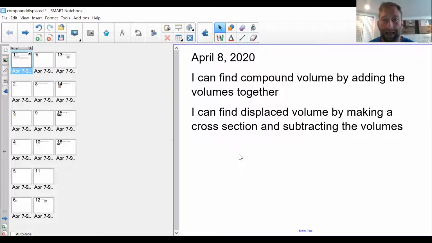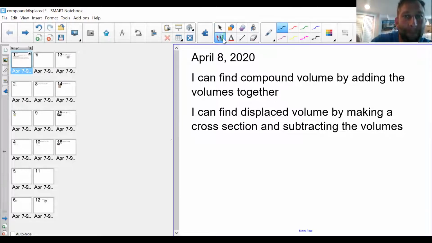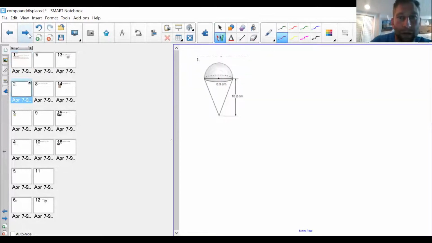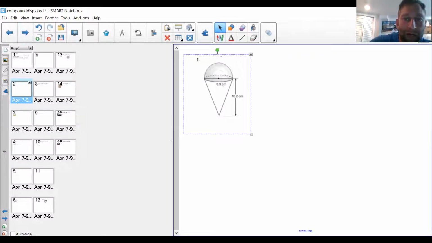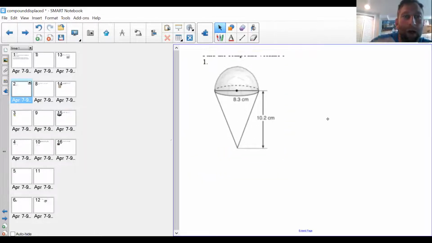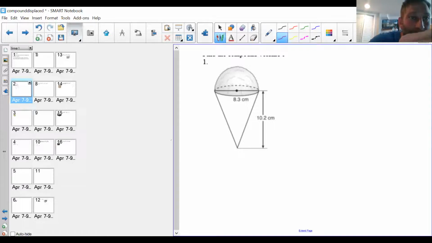So let's take a look at a couple of examples. This is on your compound and displaced volume worksheet, which is in your volumes and three-dimensional objects packet. I want to find the volume of this shape. Well, what shapes make up this big shape?